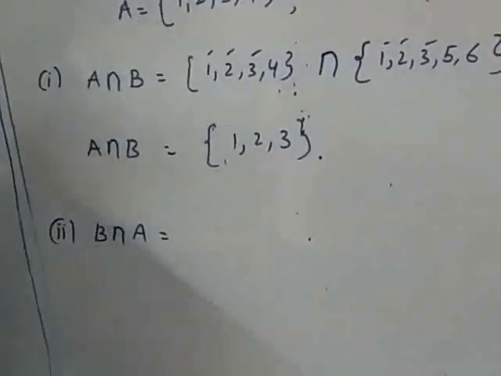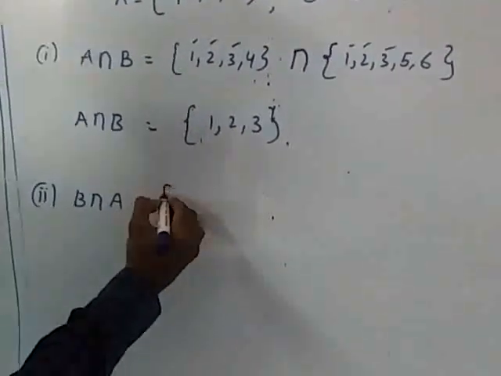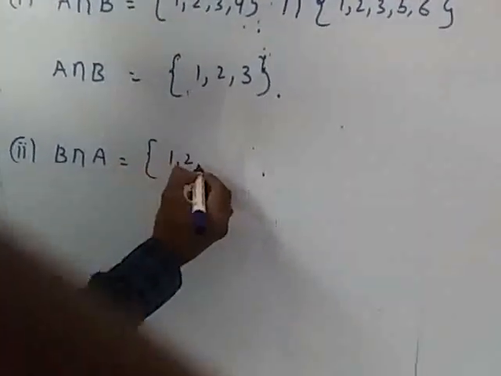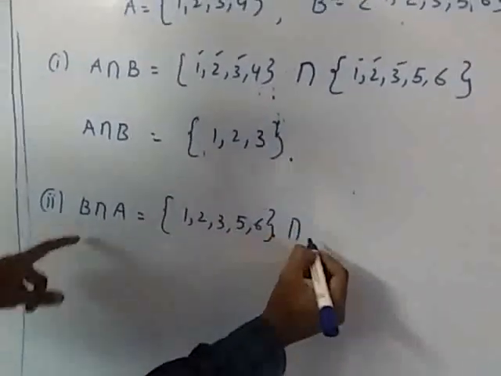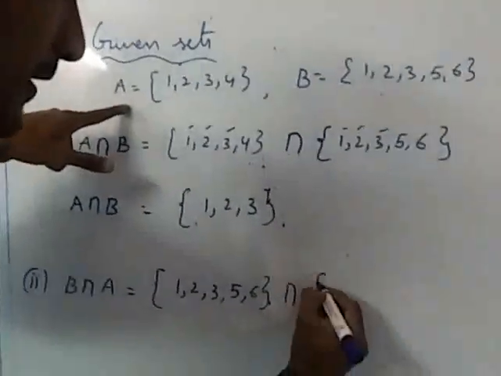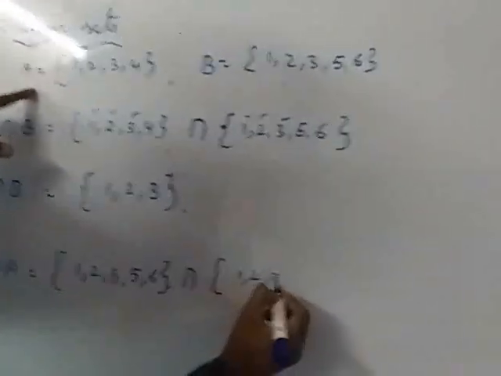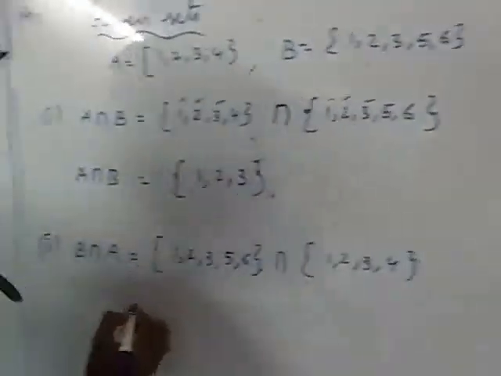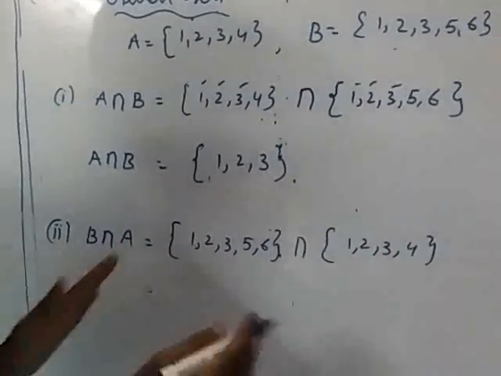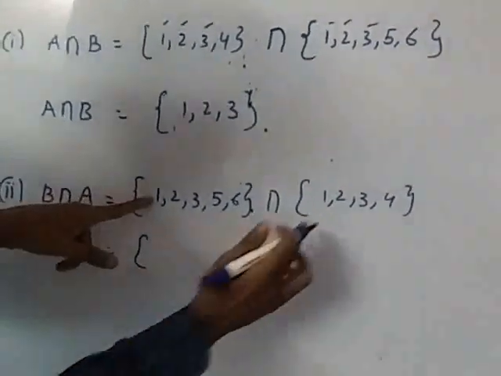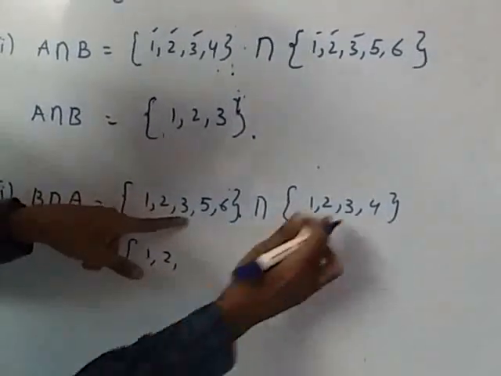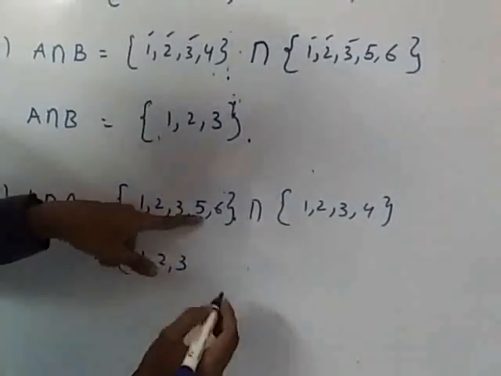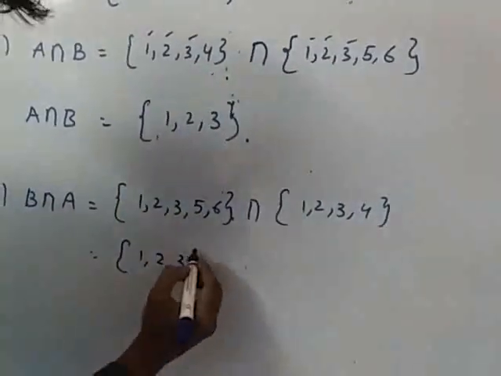Next, B intersection A. What is set B? 1, 2, 3, 5, 6 intersection set A, which is 1, 2, 3, 4. What is the intersection? Common elements: 1 and 1, 2 and 2, 3 and 3; 5, 6 and 4 are different.